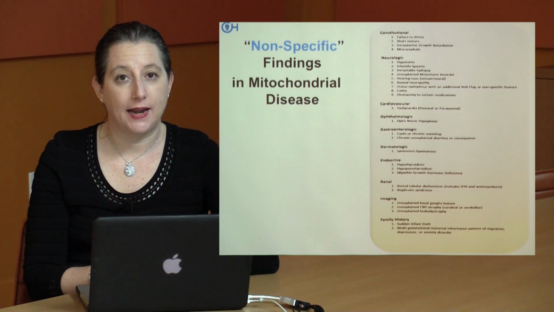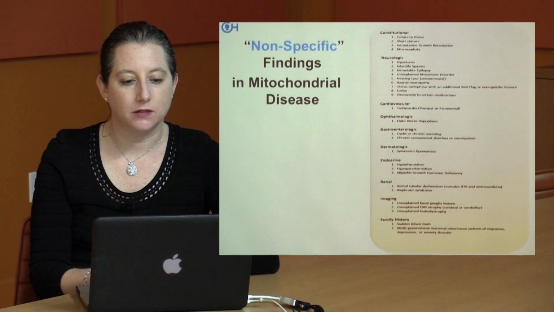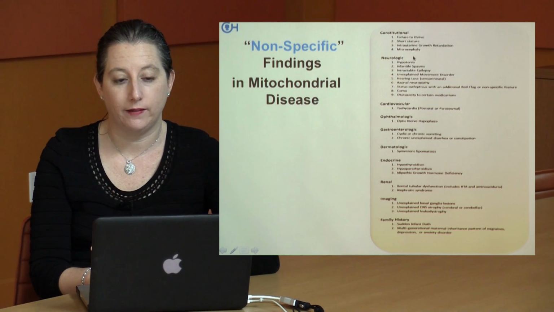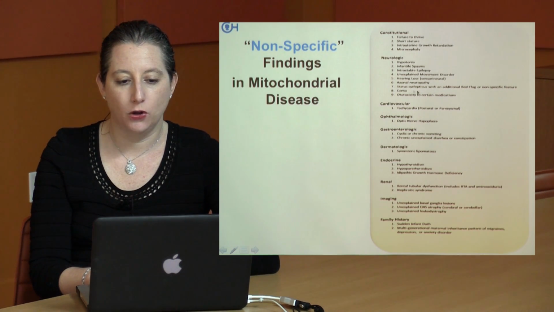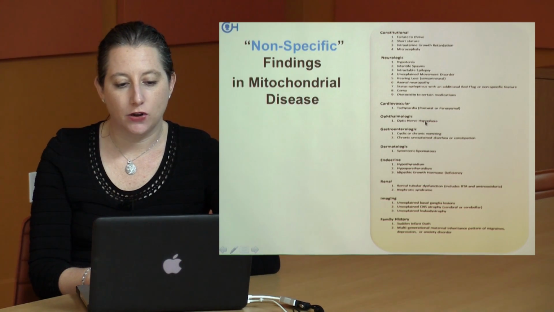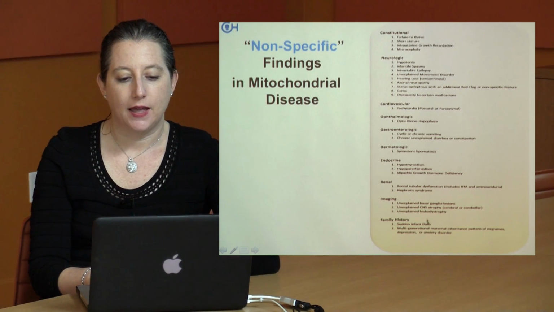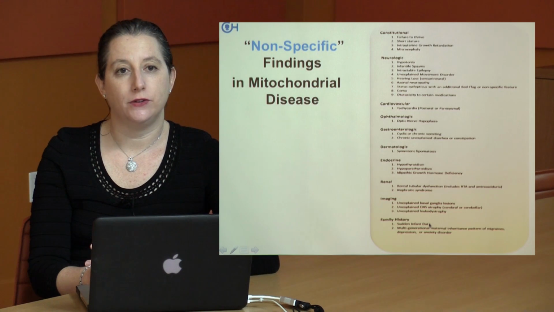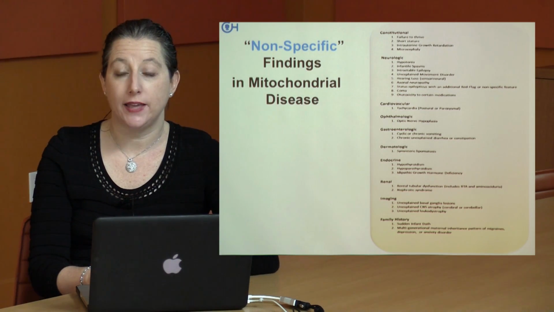One of the problems in recognizing mitochondrial disease is that there's a ton of other features that can be present that are not specific for any one class of disease. So growth failure, short stature, low muscle tone, having a fast heart rate, having changes in your optic nerve, vomiting, and so on, can be seen in a range of other diseases. So it becomes very hard, if you're not looking out for it, to think about mitochondrial disease.